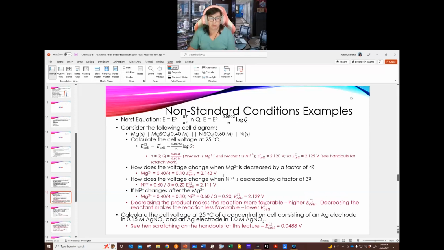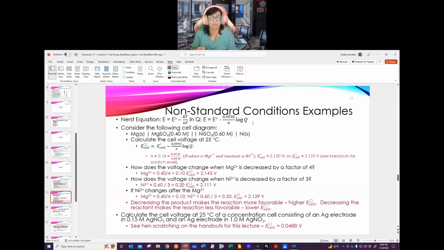Hopefully that's something you remember. Now, this equation right here is called the Nernst equation. All right, it has two forms. I have E equal to E naught minus RT over NF ln of Q, or E equals E naught minus 0.0592 over N log of Q. And that's when we make a couple of assumptions.